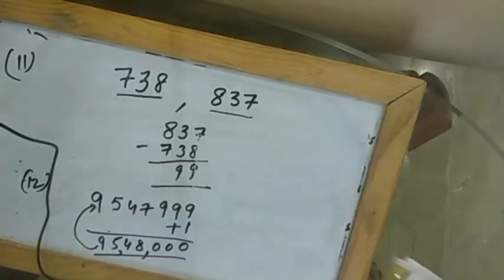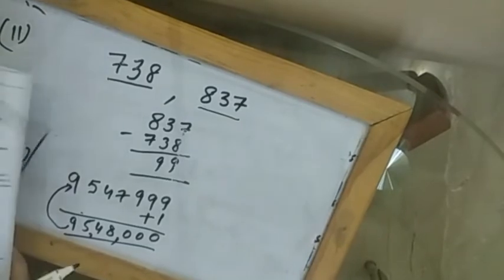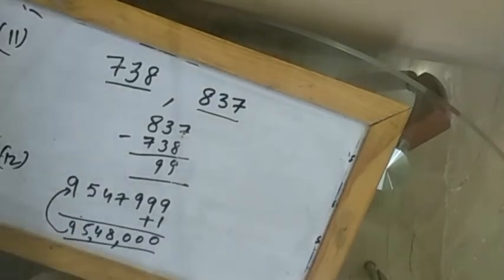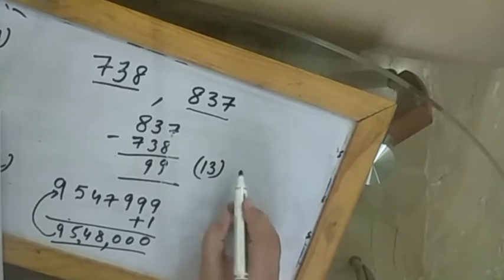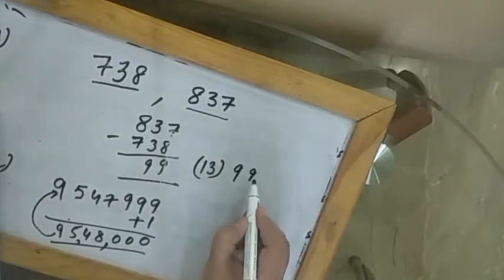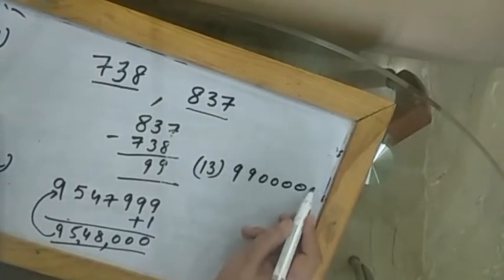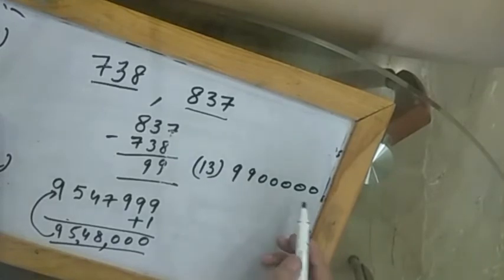Okay. Now the 13th question: you are given the number 992, and they are asking you what you get just before.